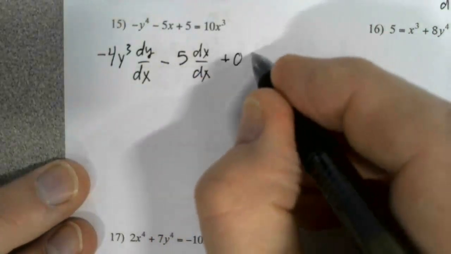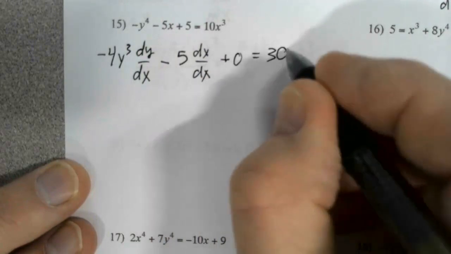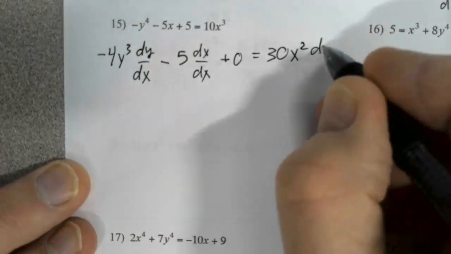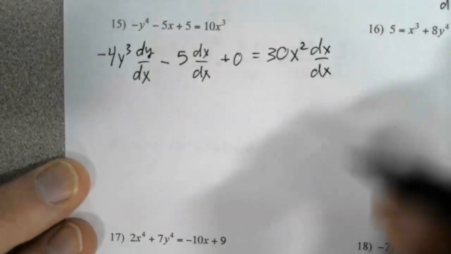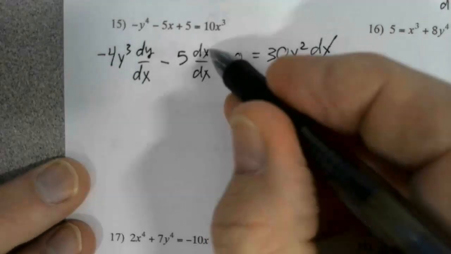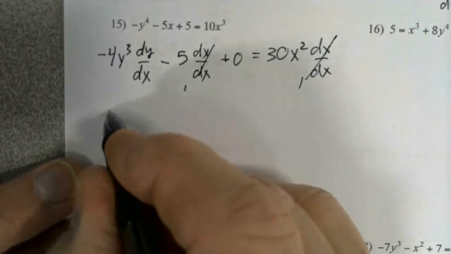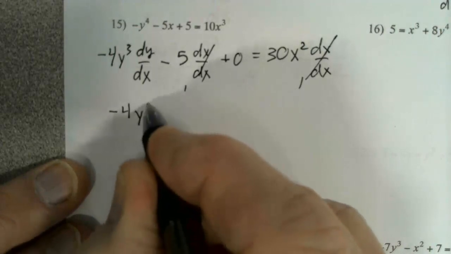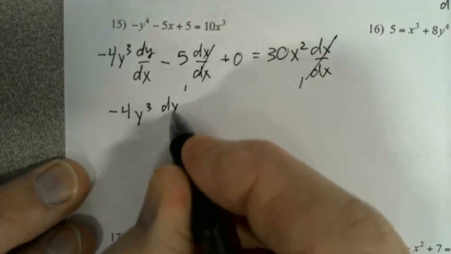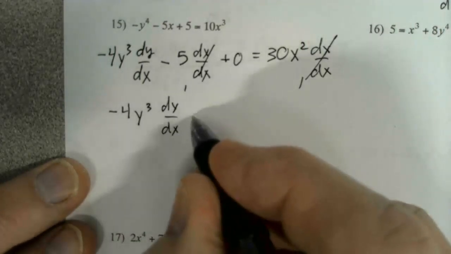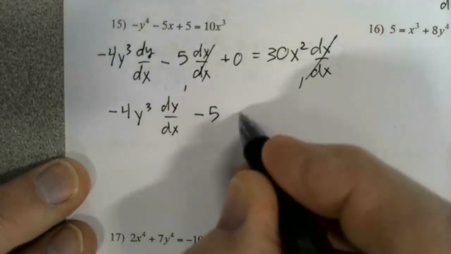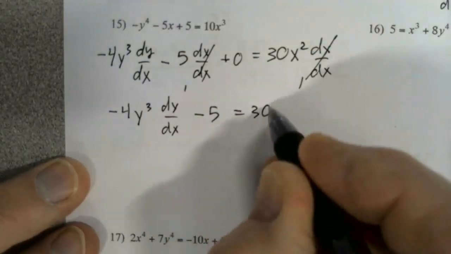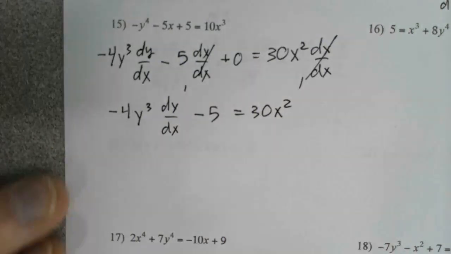Plus 0 equals 30x squared dx/dx. So this becomes a 1, that becomes a 1, and I can rewrite this as negative 4y to the third dy/dx minus 5 equals 30x squared.